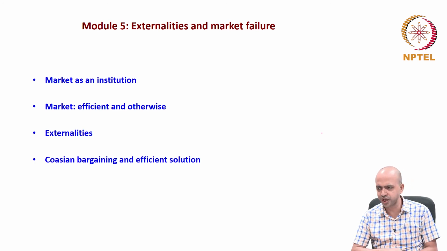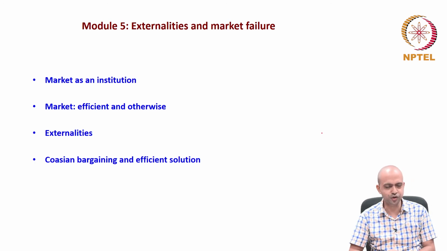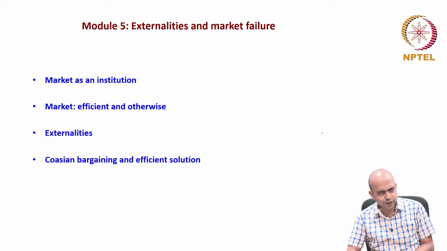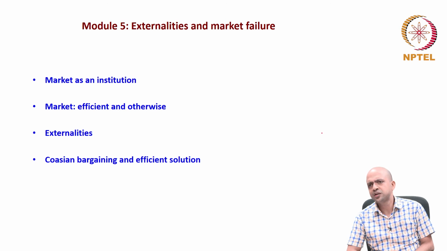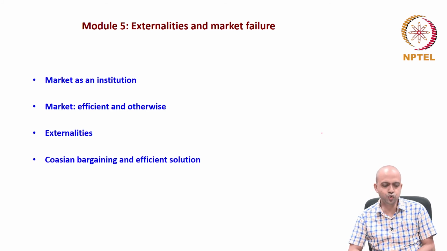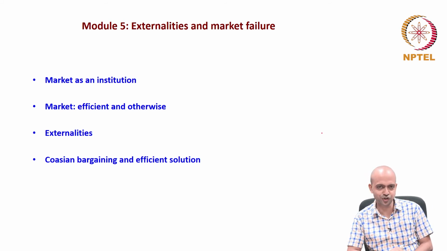That means the market will ensure efficient allocation of resources. From our principles of economics, we understood that sometimes, yes, market is a powerful institution for resource allocation, but sometimes the market also fails to achieve its objective, and then government intervention becomes necessary.